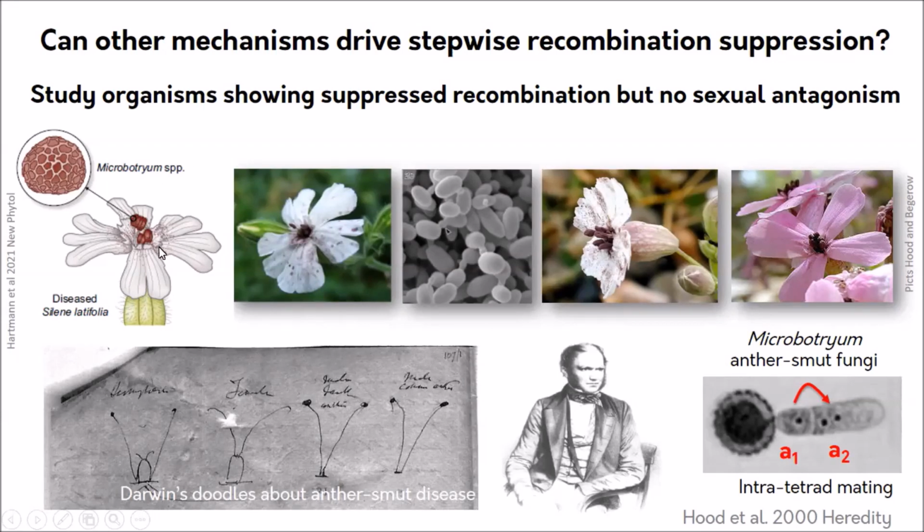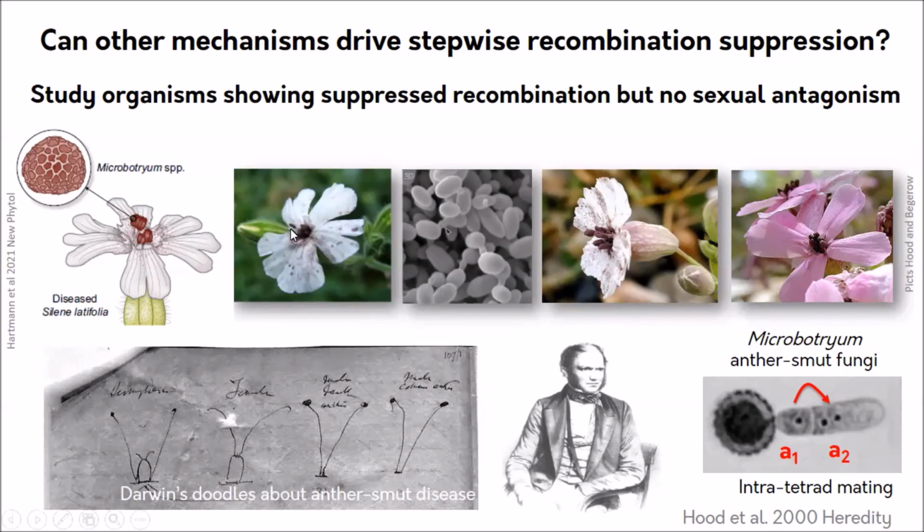You can see that they produce the spores in the anthers of the plant. So they castrate the plants by preventing them from producing pollen or seeds. And so they produce the spores instead of the pollen. And then the spores are dispersed by the pollinators that usually disperse the pollen.